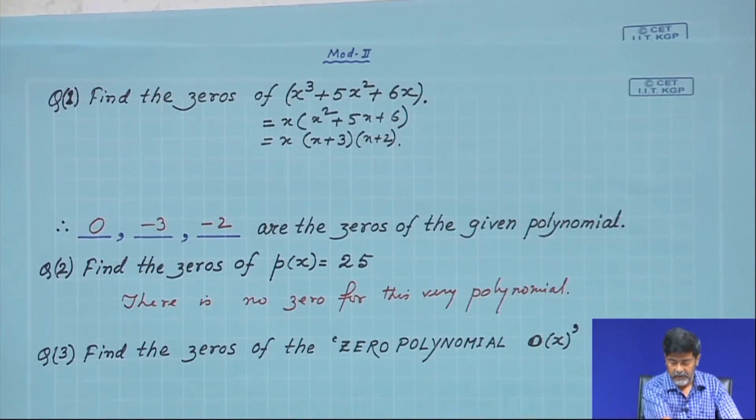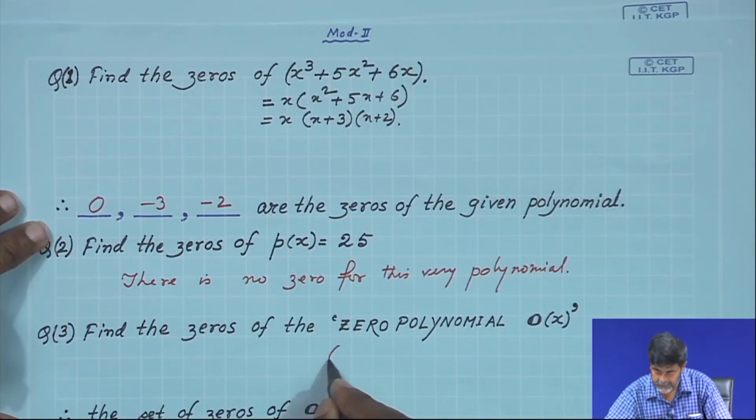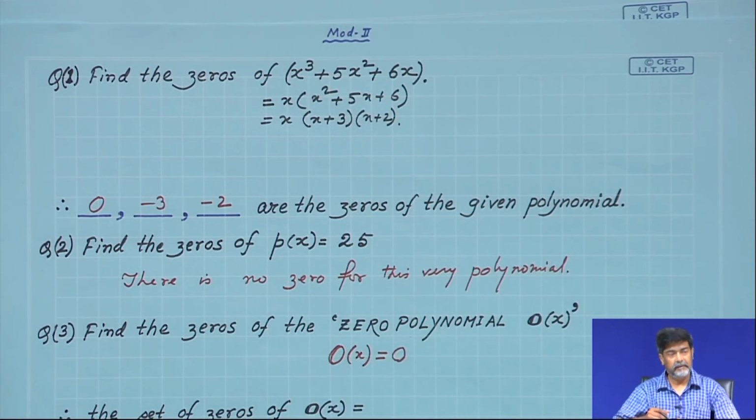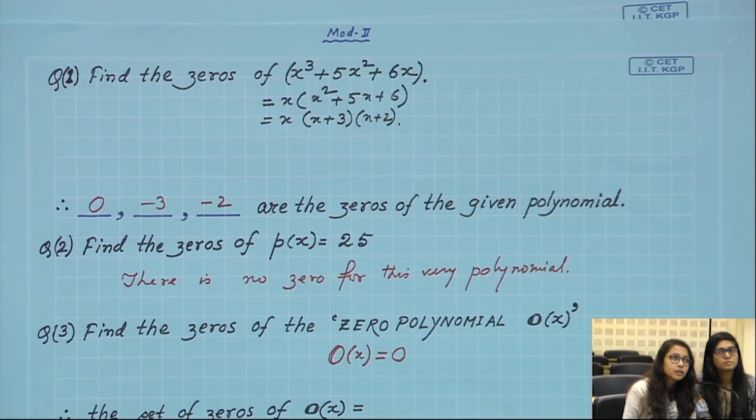Sir, any number of x. Actually, 0 times x means the number 0, irrespective of the value of x. Then for any value of x, the polynomial will be 0. 0 times 1 is 0, 0 times 2 is 0, 0 times half is 0, 0 times root 7 is 0, and so on. Then we can expect any real number as a zero of this very polynomial.